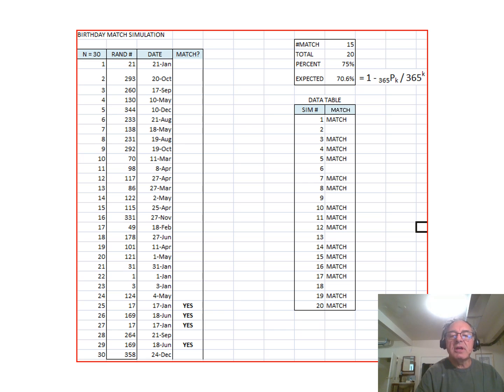And this is in 20 simulations. How often did I have a match? It was 75% of the time. The algebraic answer is 70.6% of the time, which I think is pretty close for 20. If I did this 5,000 times, I would expect my empirical result to be very close to the expected result. So that's the birthday problem.